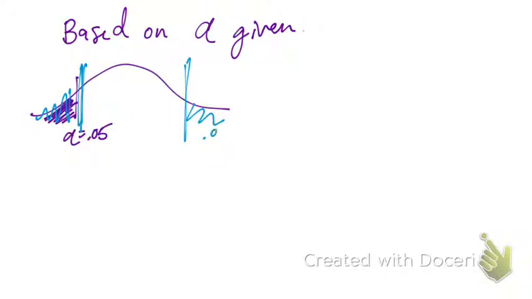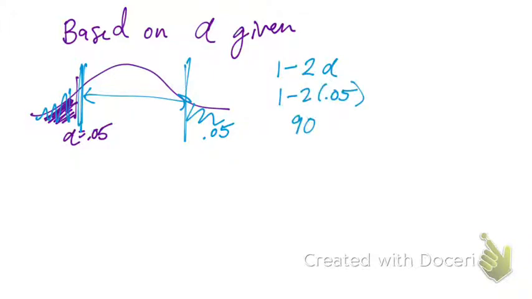So 5 and 5. To find the appropriate confidence level, you take 1 minus 2 times alpha, so 1 minus 2 times 0.05 gives me 90%, or 0.9.